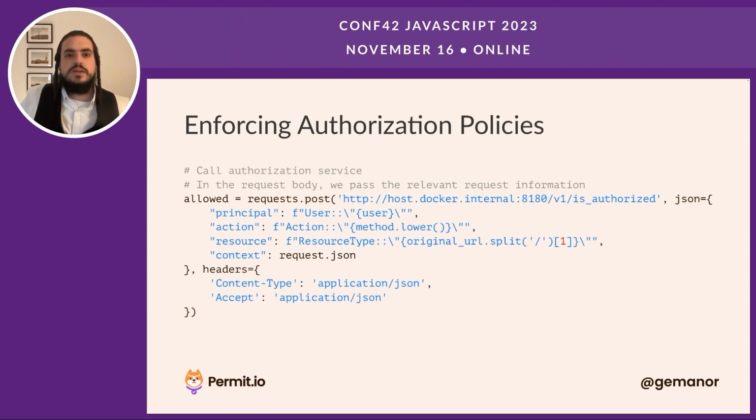Here we can see that we are calling the Cedar agent over an HTTP interface. As you can see, we are passing the principal, action, and resource from our request to the Cedar agent. The context is also something that we can use to expand the data that we are passing with the policy enforcement request. With this example, we are not writing the decision logic in our application anymore.